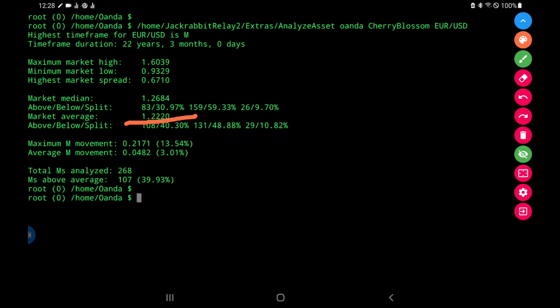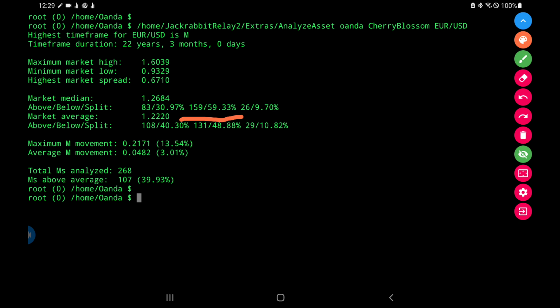These are important because the above represents the number of times the price went above the median, or 30% of the market has been above the median. 59.33% of the market has been below the median.